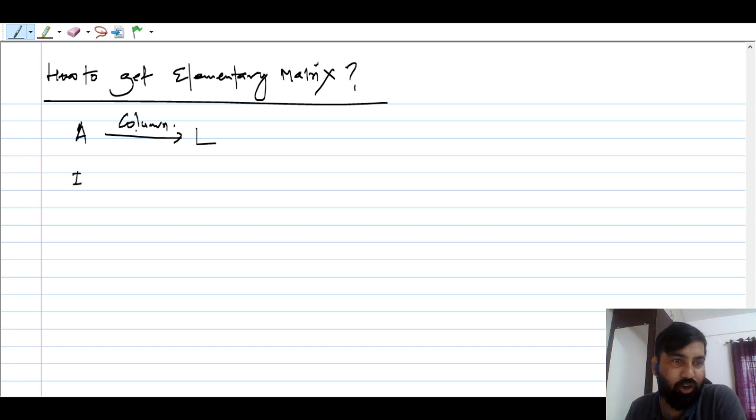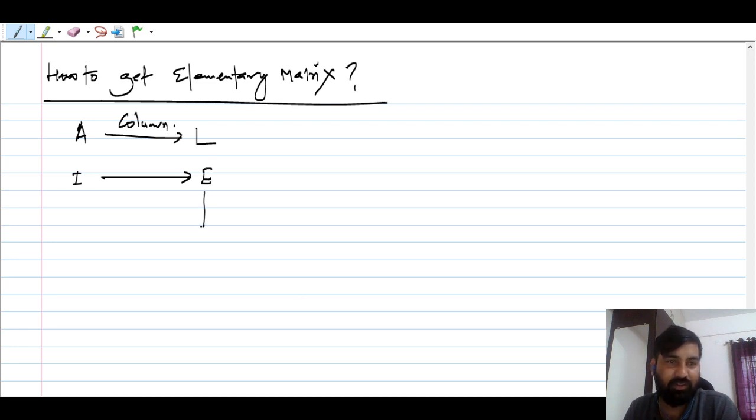So the same column operation you have to apply on I. Whatever coefficient you have chosen in the case of the A matrix to reduce it to a lower triangular matrix, you have to use the same column operation along with those scalars that you have chosen. So from the I matrix to the E matrix you will get here.